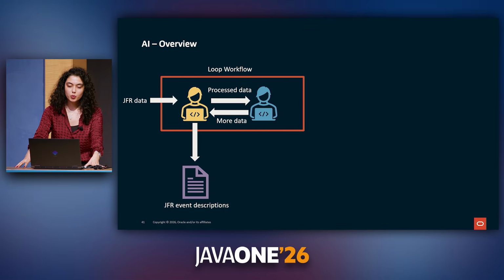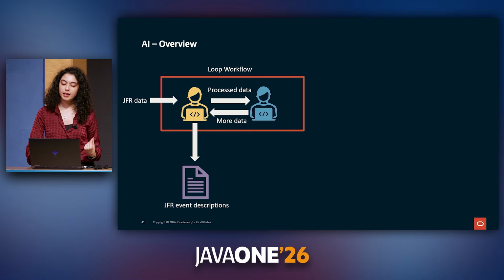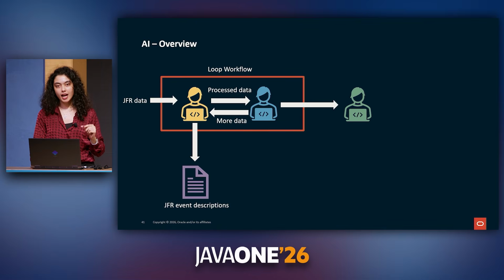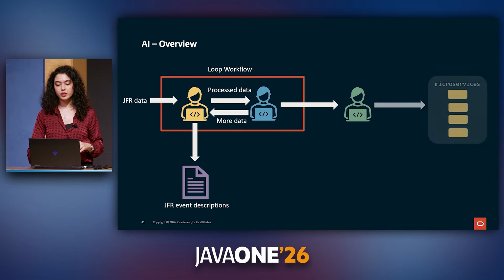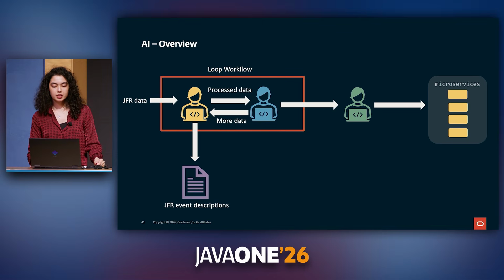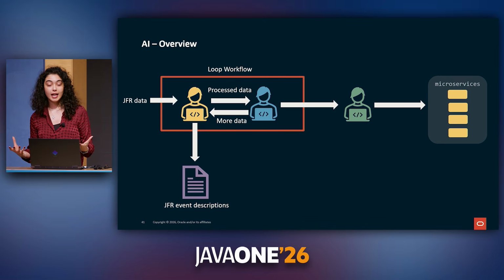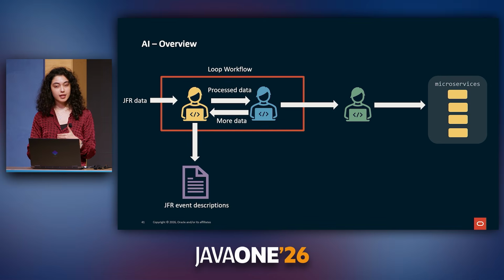And once our blue engineer has some findings, it can send them to another engineer, the green engineer, and this engineer has access and control over our microservices. So based on the findings of the blue engineer, the green engineer can come up with an action plan and decide to take this action to change some things at runtime on our microservices.